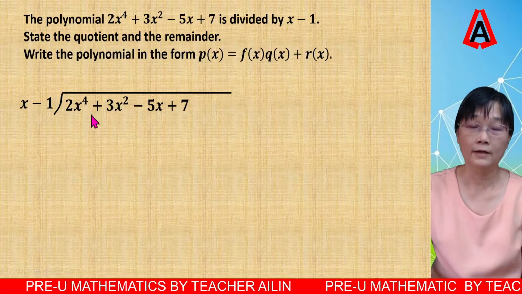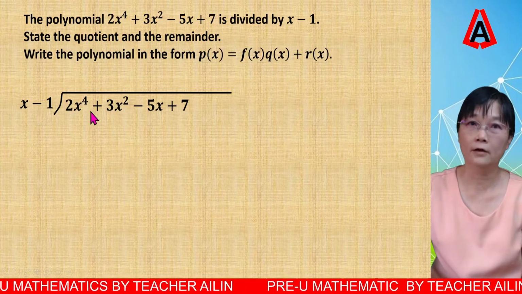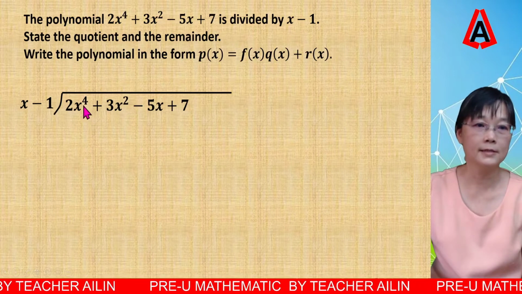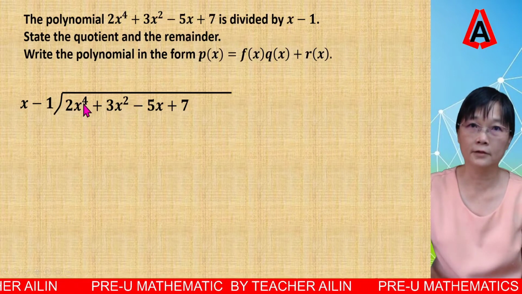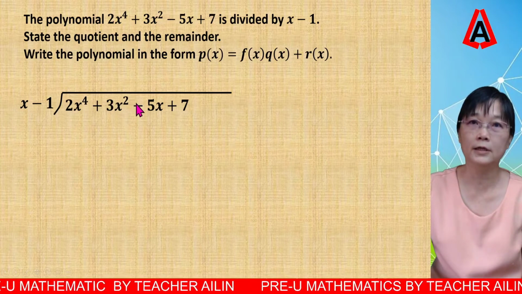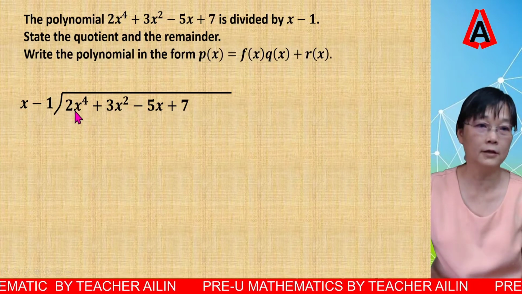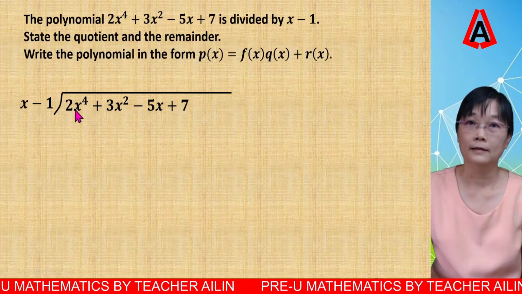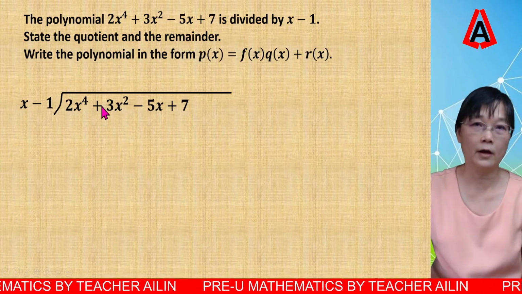When doing long division involving polynomials, one of the important things is the power of the term. The powers of the terms should be in descending order. So when the first term is power 4, the second term should be power 3.